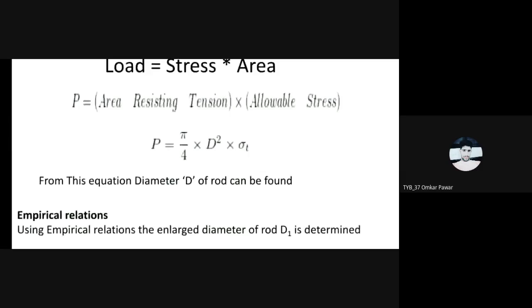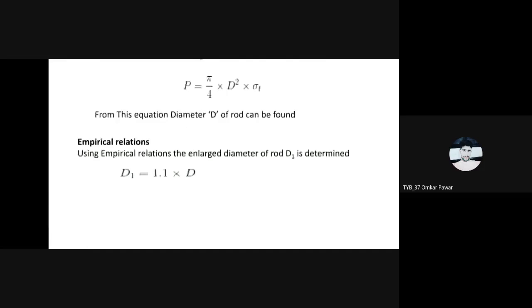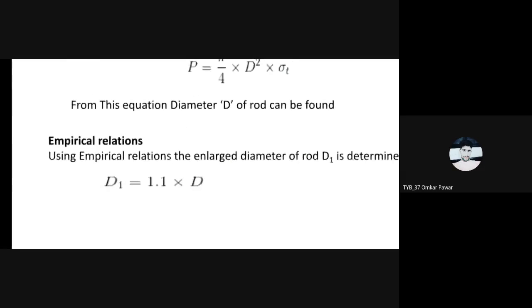Now here, if we consider that diameter D, that is capital D, of the rod, then the diameter of the enlarged part, where we are going to start to manufacture the double eye as well as the single eye, is somewhat enlarged.